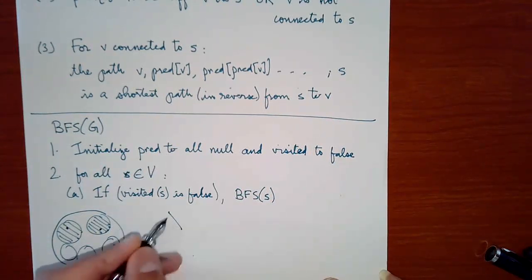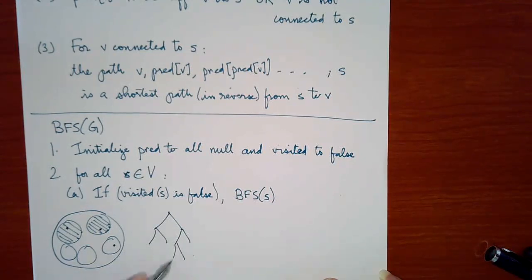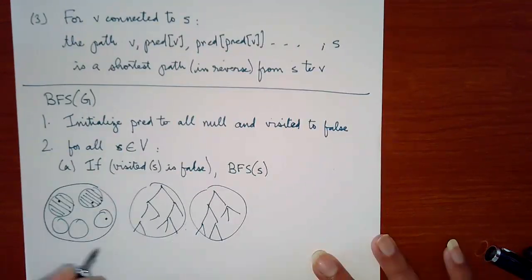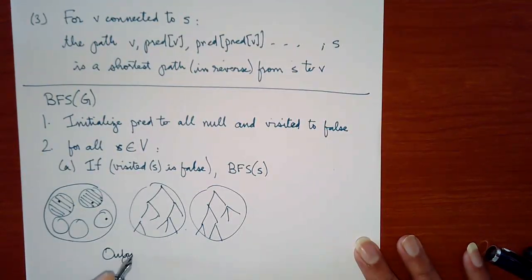So the output is going to be a collection of trees, not necessarily binary, where each of these is a connected component. What you get as output is a BFS forest.